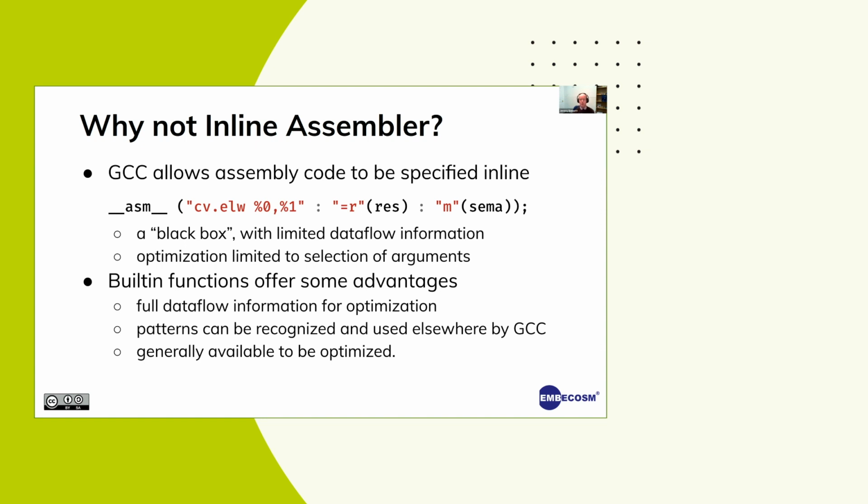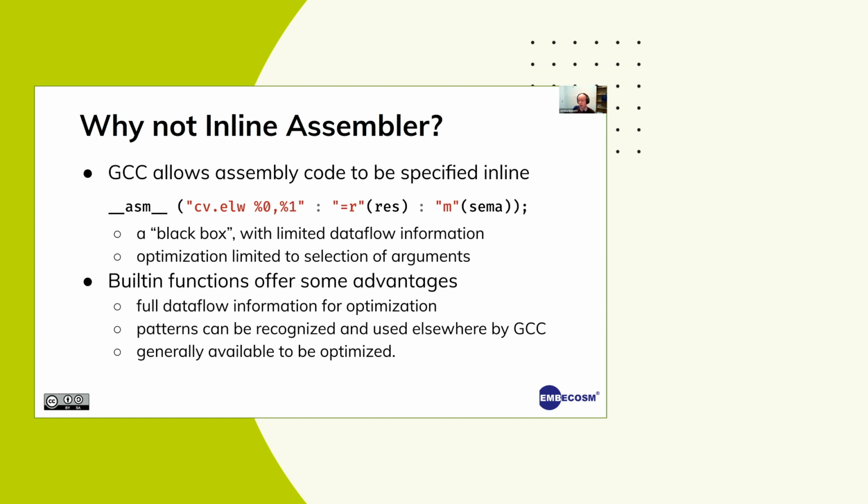There's a number of reasons why inline assembler is not very nice. It's a black box, and it has very limited data flow information to tell you how data flows through that instruction. And modern optimizing compilers are crucially dependent on data flow analysis throughout the program.